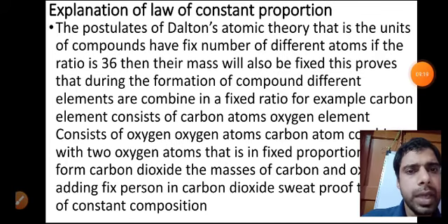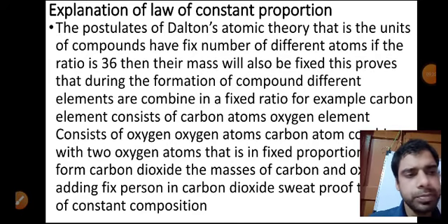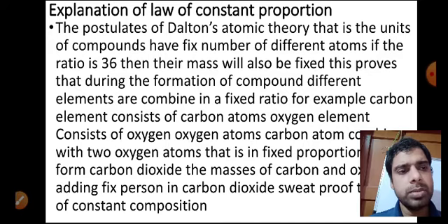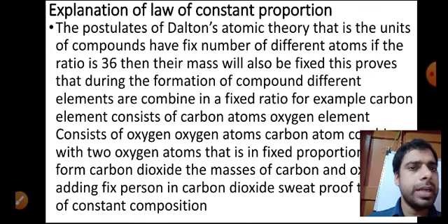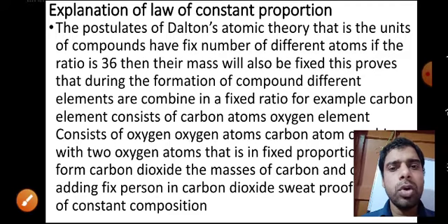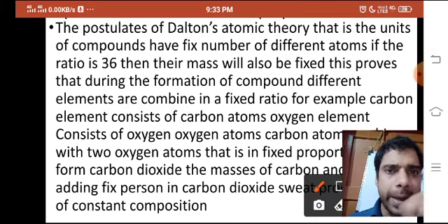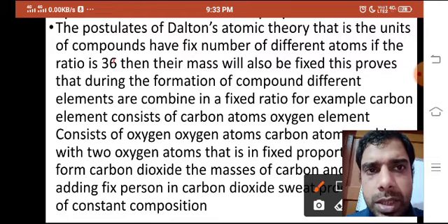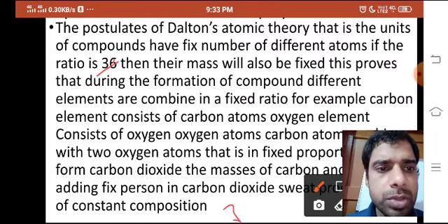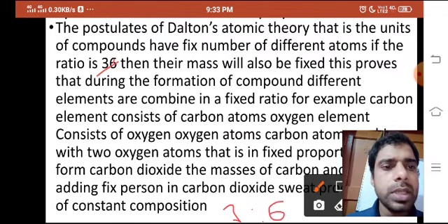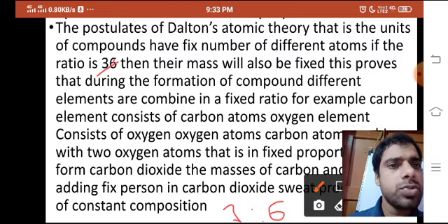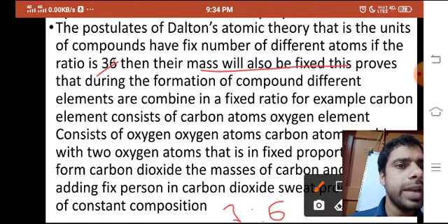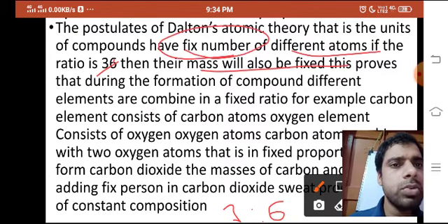Here it has given the postulates of Dalton's atomic theory: if I am talking about any compound, the number of the different atoms would be in a fixed ratio. Here it is 3:6, just like 3:6, not like thirty-six, no. Then their mass will also be fixed. If a fixed number of different atoms is there, then their mass would be fixed every time.